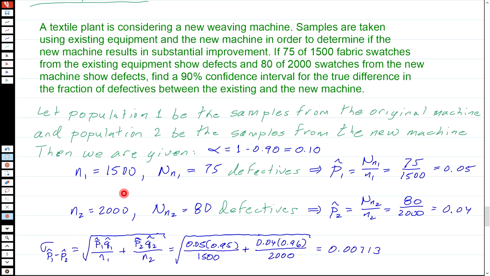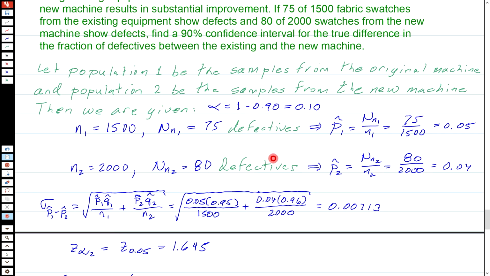From the new machine, we took 2,000 samples, and we found 80 of those were defective. So P2 hat is 80 divided by 2,000, which is 0.04. It looks like there is a slightly lower failure probability on the new machine, but this could just be a function of natural variability. We just happened to find a few more defectives out of the 2,000 here, or maybe a few less out of the 1,500 here.